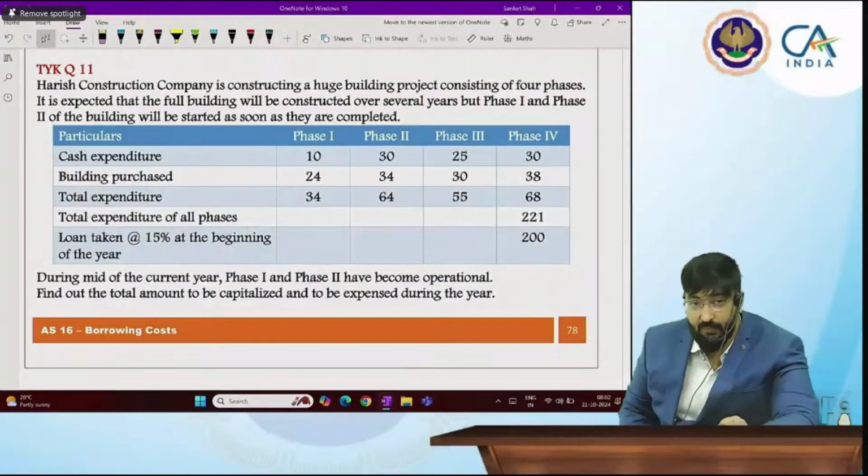IMP question. Cash expenditure. Phase 1 and phase 2 will be started soon as they are completed.